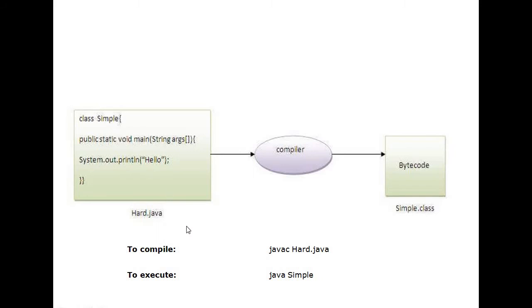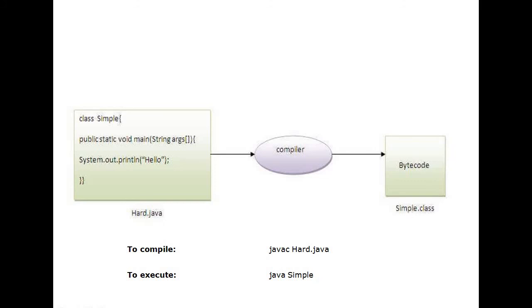So if I execute the file as java hard, then the JVM searches for the hard.class file and it is not present, so the JVM will give an error message. Instead of writing java hard, I can write java simple. So the JVM searches for the simple.class file and executes it.